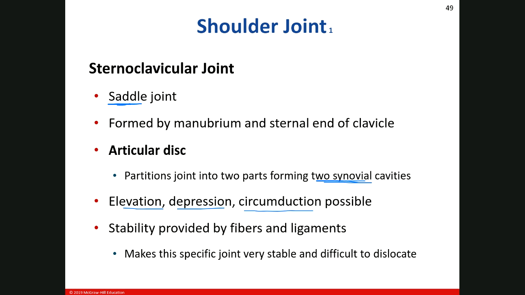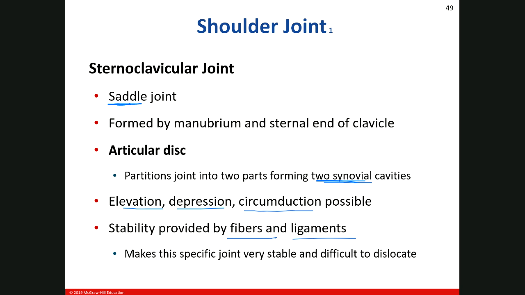When you're doing circumduction with your glenohumeral joint, your clavicle has to articulate with the sternum, so there's some motion, and some circumduction, mild as it may be, is still present at the sternoclavicular joint.